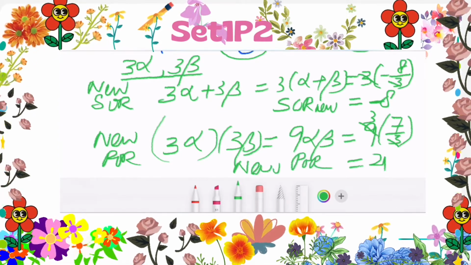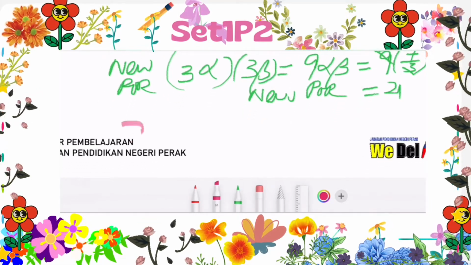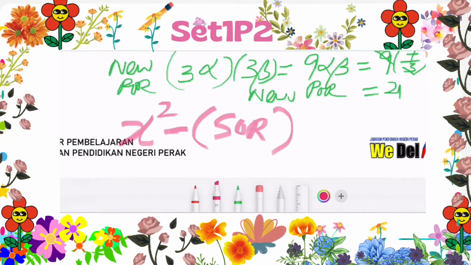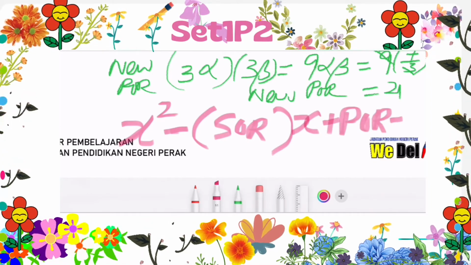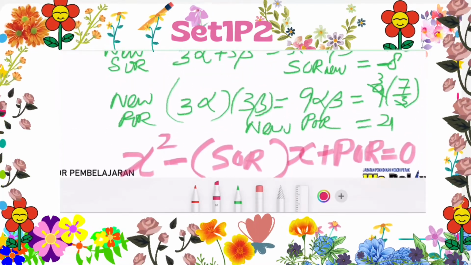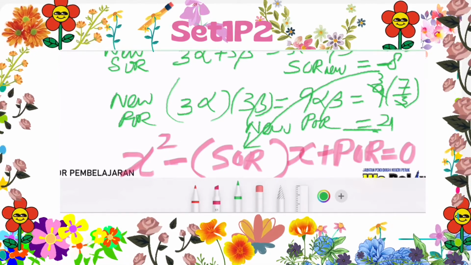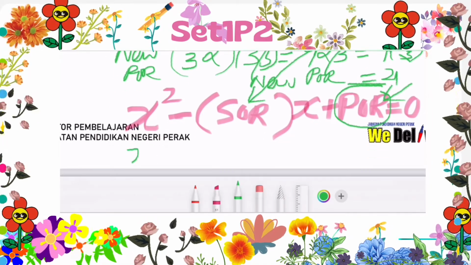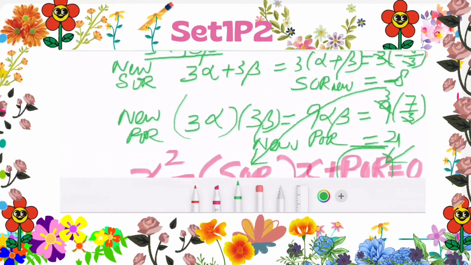Right, so in order to form the equation, you must memorize this: x squared minus sum of the roots x plus product of the roots equals 0. It must be equal to 0. So you just substitute in whatever value you have: sum, product. So our equation will be x squared minus sum of the roots, which just now we got negative 8.